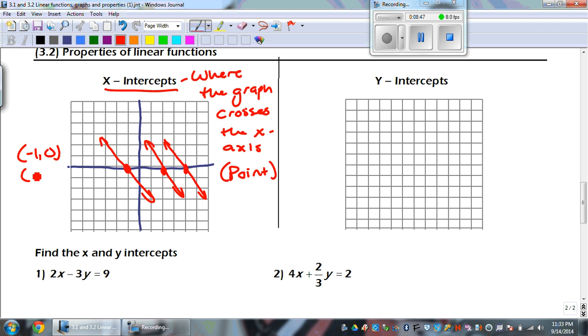The second point was 2, 0. The third point was 4, 0. So you have to ask yourself, what do all of these x-intercepts have in common? If you look, right on the right side, there's your hint. Anytime you have an x-intercept, your y value is 0.